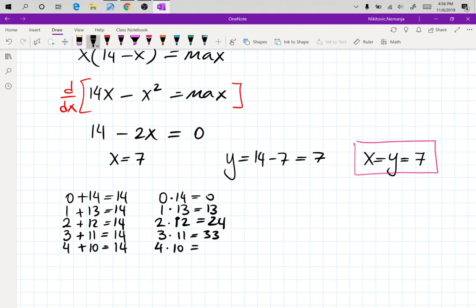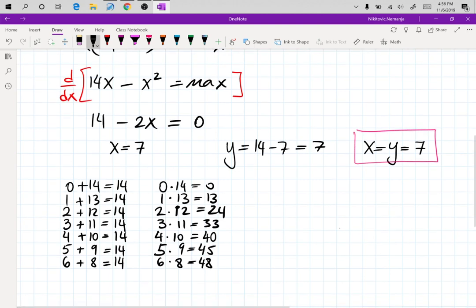And we are expecting for the maximum product obviously to be 49 as we go. So 5 plus 9 is also 14. 5 times 9 is 45. 6 plus 8 is 14. 6 times 8 is 48. And now, if both numbers are 7, which adds to 14, you get 7 times 7 equals 49.